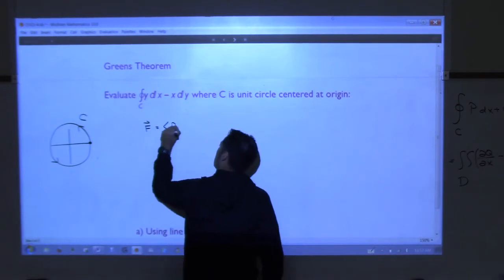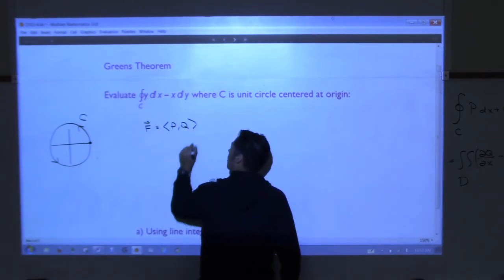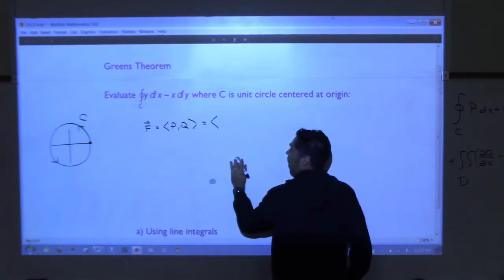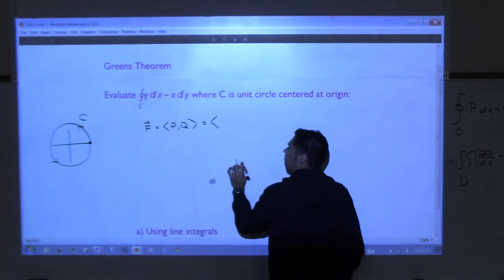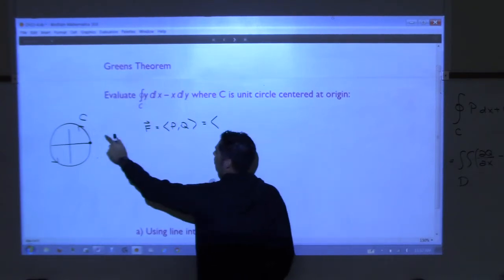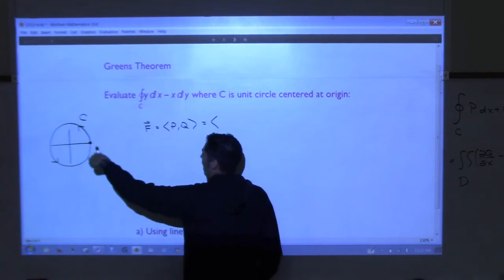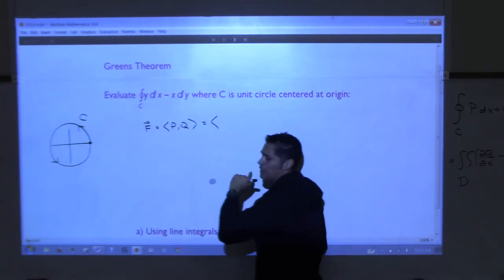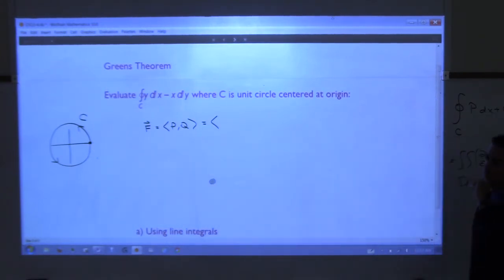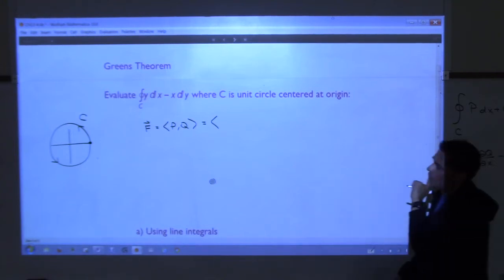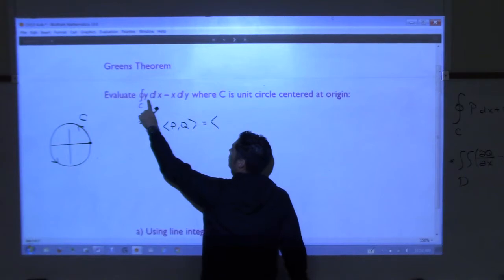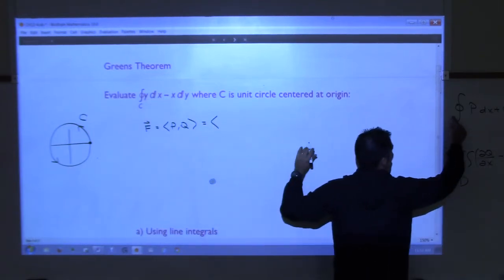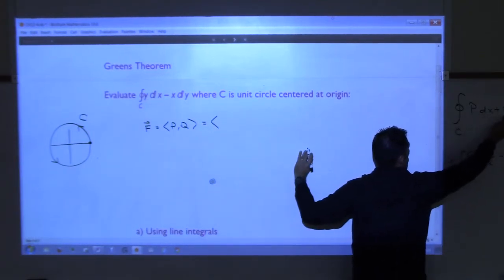It's two-dimensional, so can you tell me what P and Q are? Don't confuse the vector function that draws the curve with the vector field. Look right here: P dx plus Q dy.